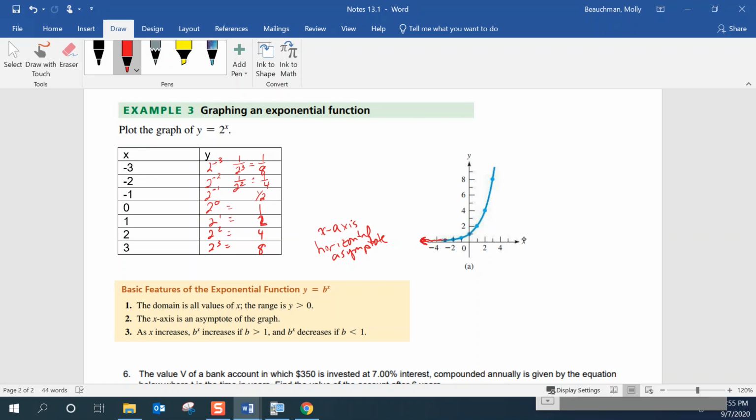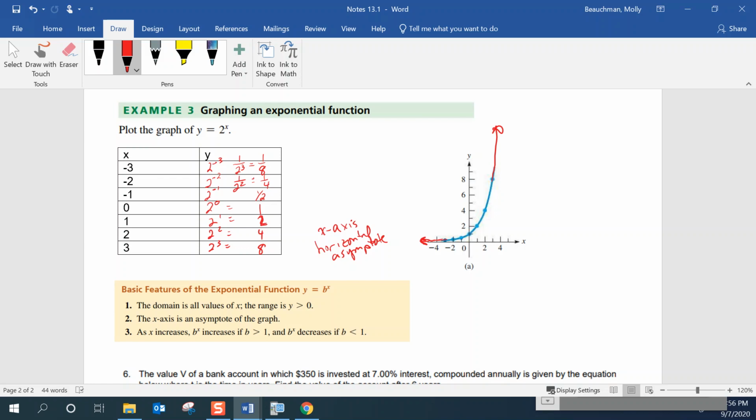It doesn't always have to be the x-axis; it could be up, depending on where the graph of your exponential function is. On the positive side, when we keep putting in higher and higher values of x, y gets higher and higher, greater and greater. That goes on and on forever to positive infinity. The y's just keep getting bigger.